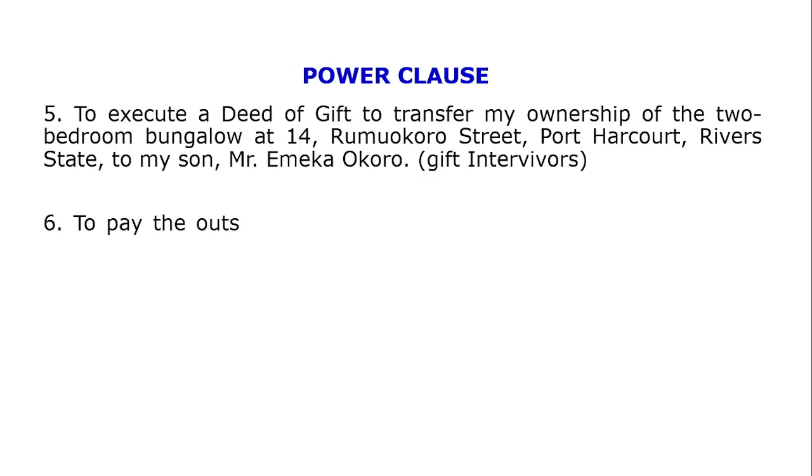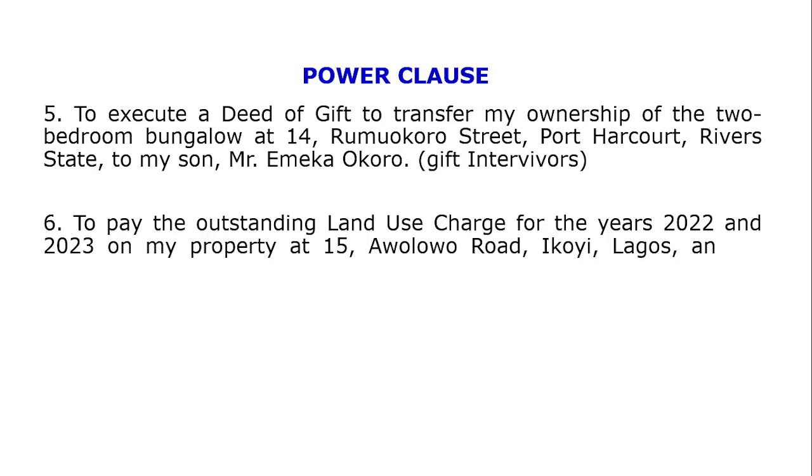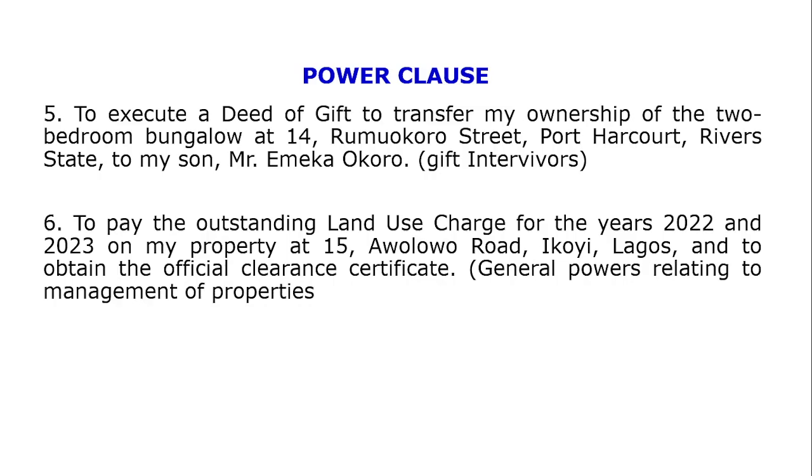They could also be to pay the outstanding land use charge for the years 2022 and 2023 of my property at number 15 Awolowo Road, Ikoyi, Lagos, and to obtain the official clearance certificate. Of course, this is about general powers relating to management of properties.